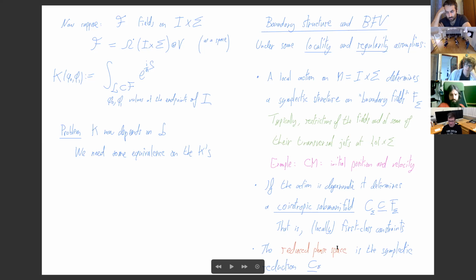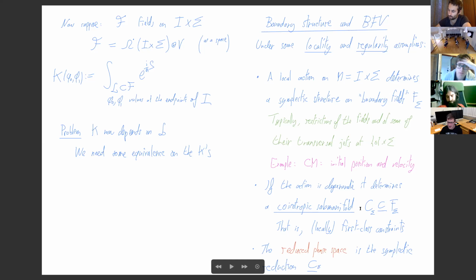Okay, and again, my next assumption is, well, for a moment, I will drop this assumption later on, but for the moment, let's assume that this quotient is also a smooth manifold. And then it's automatically endowed with a symplectic form. You just restrict the symplectic form from F sigma to C sigma. Here it is degenerate, but on the quotient it is non-degenerate again. Okay, so this is a new symplectic manifold, and this is the true phase space of the theory, right?